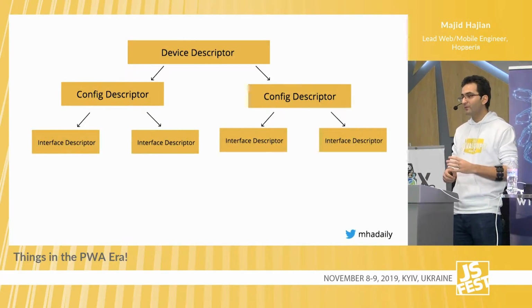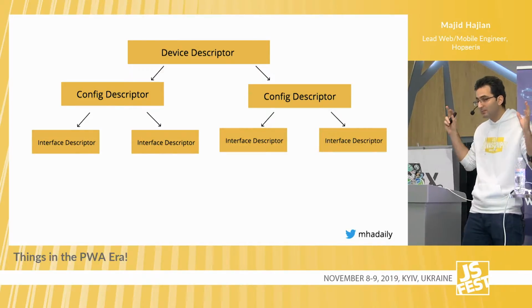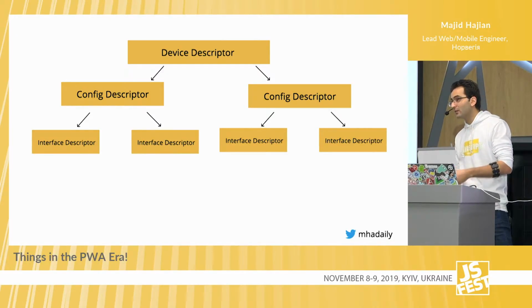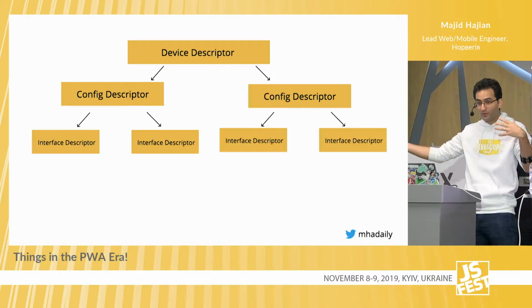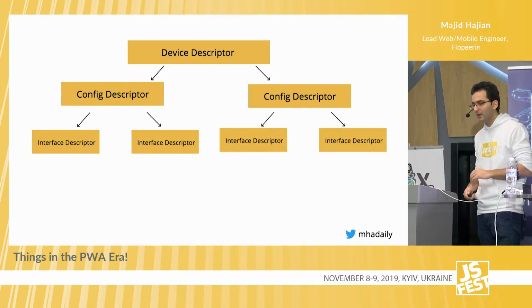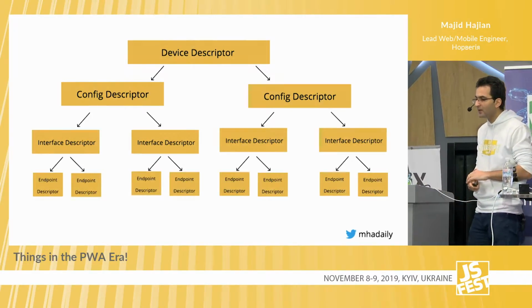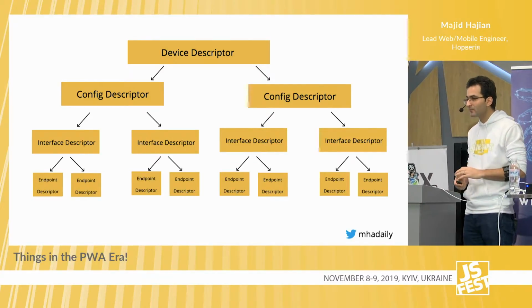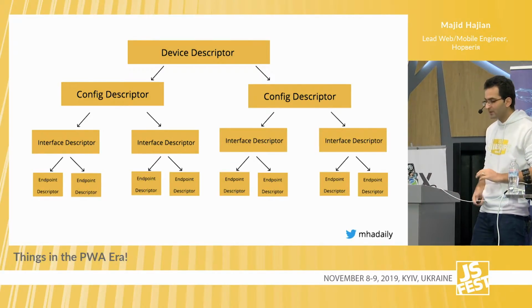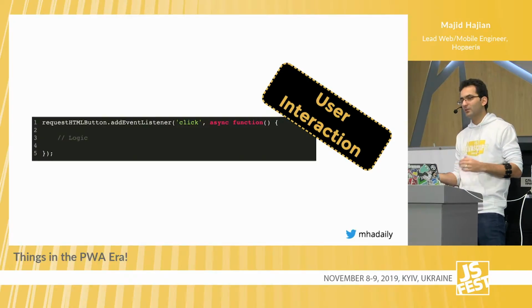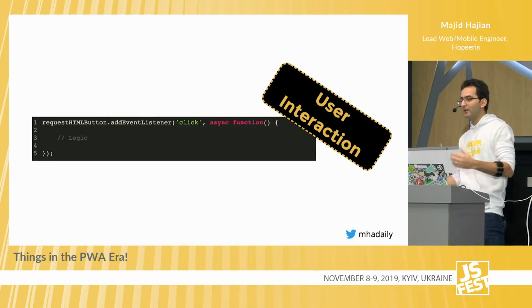And then you're going to have multiple interfaces. Imagine a printer with a scanner. It has scanner and printer, multiple interfaces. And then you're going to have different endpoints. Once you have the endpoints, then you can start writing or transferring data in and out.